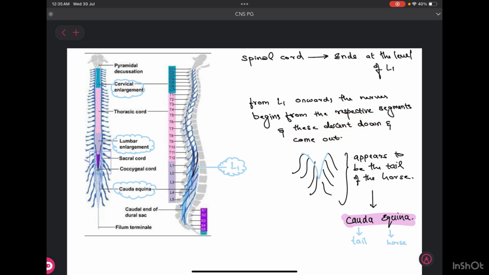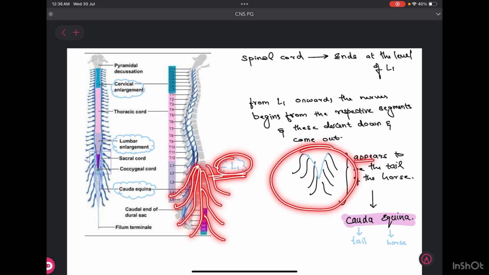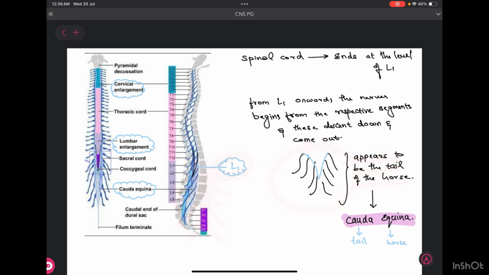At the level of L1, the spinal cord ends, and from there the nerves descend from the respective segments. It appears to be the tail of a horse, so that is called the cauda equina. Cauda means tail and equina means horse.